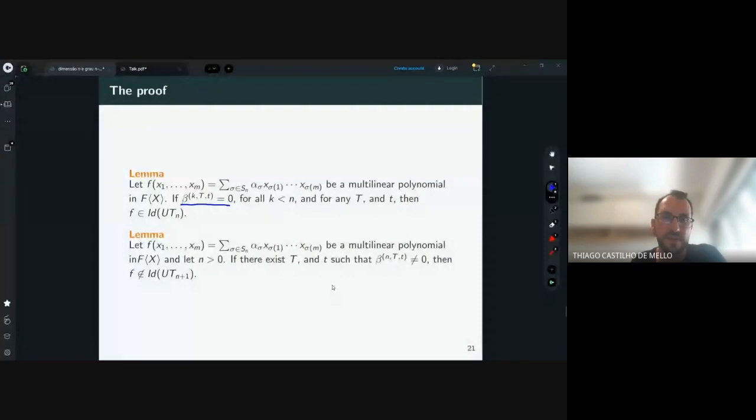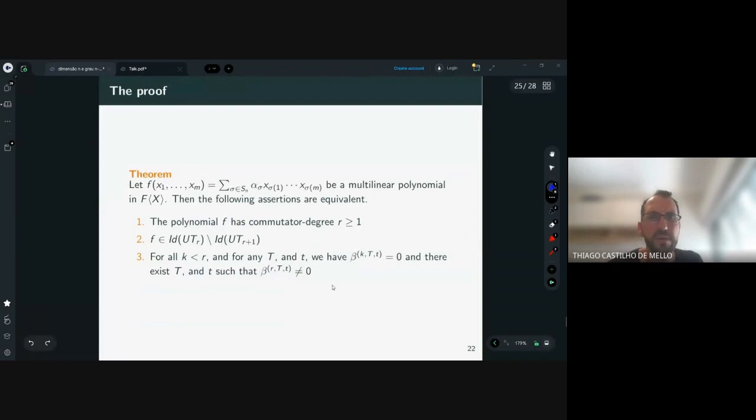And the other lemma is that for exactly n, if there is some capital T and small t for which this coefficient is non-zero, then we can show that f is not an identity. Okay, so these two lemmas together give that theorem that we put here with that other condition we mentioned before.